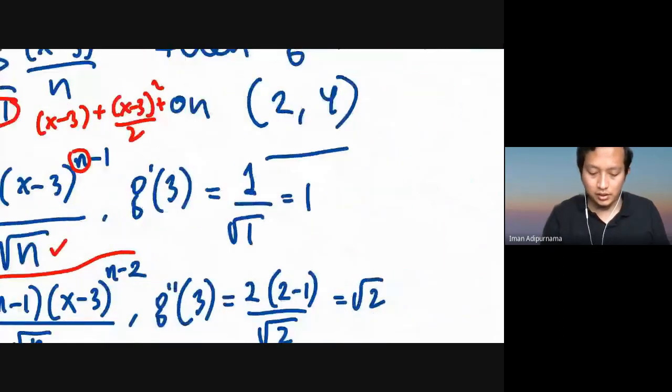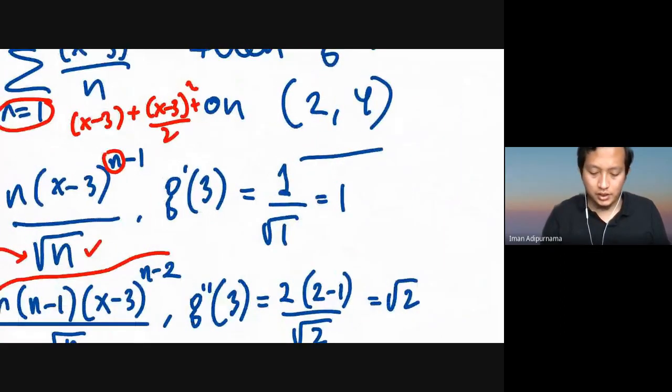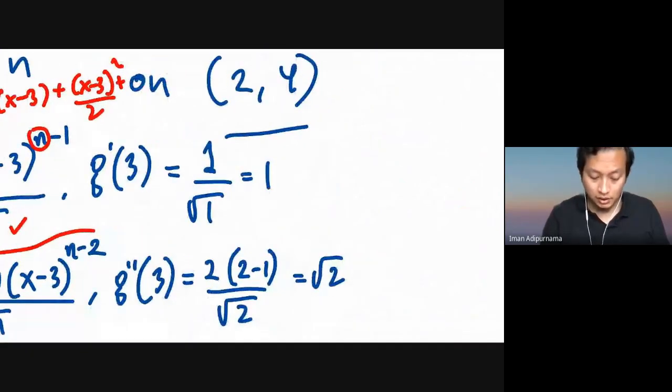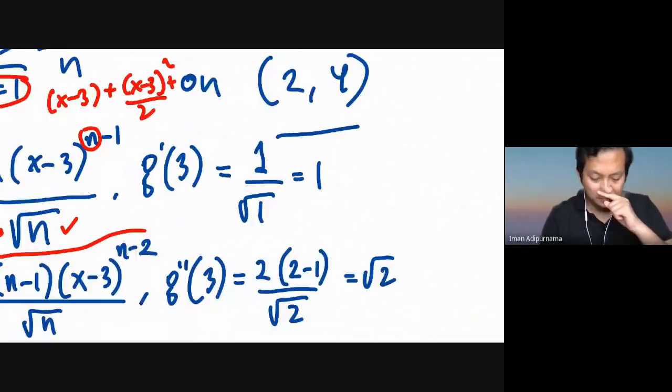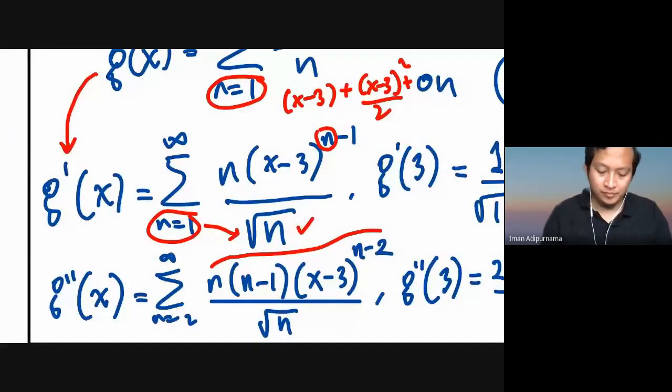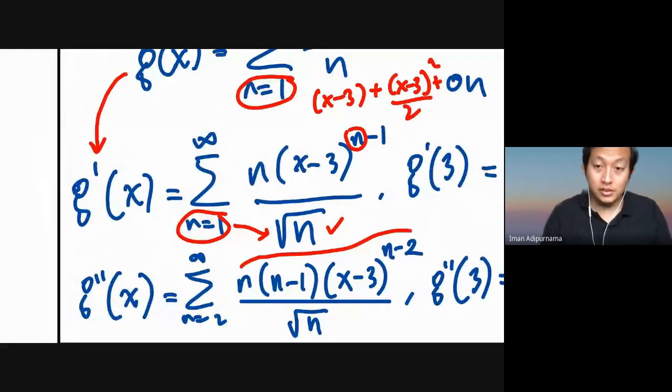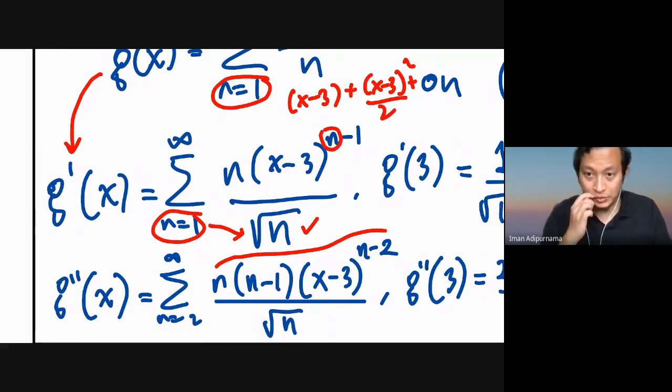So we get the results: g prime is 1, g double prime is square root of 2. So we need to calculate n first. That's why we need to check all the n.